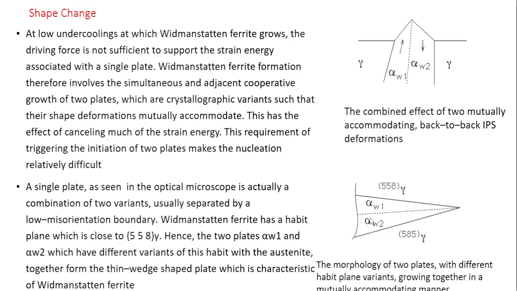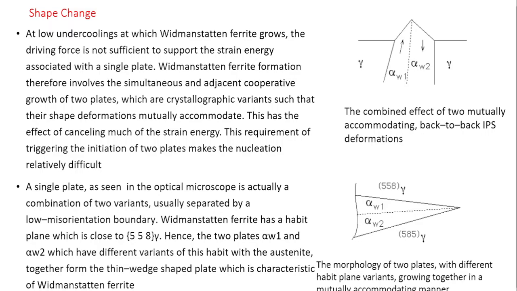One plane of Widmanstatten ferrite has got this index, then the other plane has got this index, which both of them belong to this same crystallographic family of planes. So consequently these two are called as the crystallographic variants.